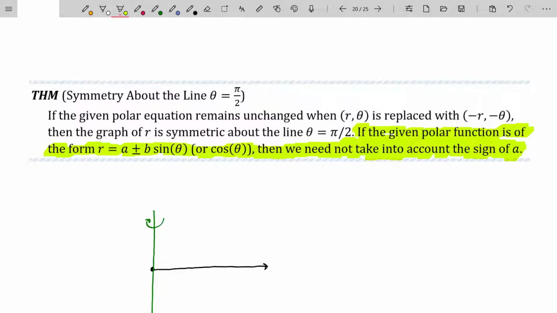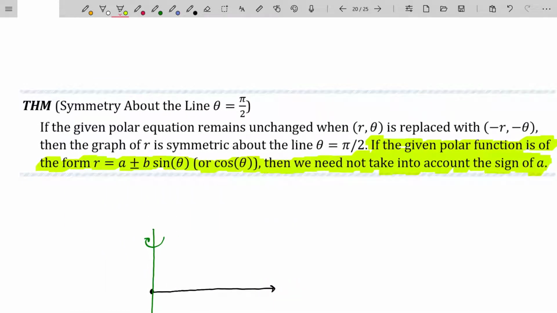However, going back to our discussion about the theorem breaking or not, let's suppose that I give you a polar equation and you substitute in negative r and negative theta, and for some weird reason, that equation does not turn back into its normal self.